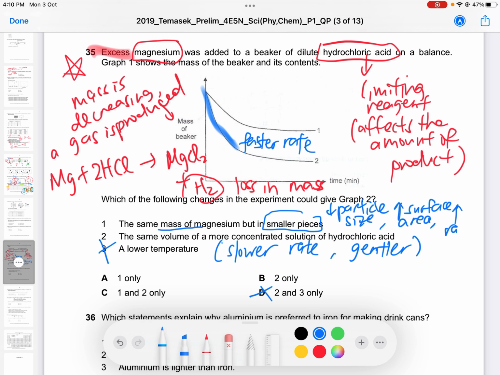Increase in rate. However, it is in excess, so it does not affect the amount of product. It will be faster, but it will not allow more hydrogen to be produced. Okay, why is that so? It's because it's already in excess. It will not change.